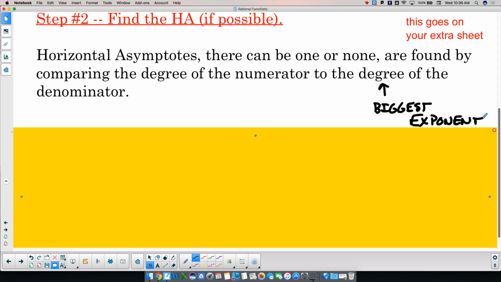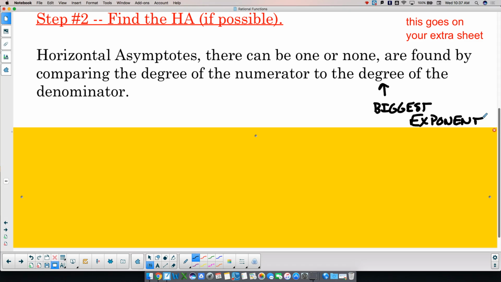So effectively, we are comparing 2 numbers. When I compare 2 numbers, only 3 things are possible. Either one number is bigger than the other, it's smaller than the other, or they're exactly the same. Bigger, smaller, or the same.